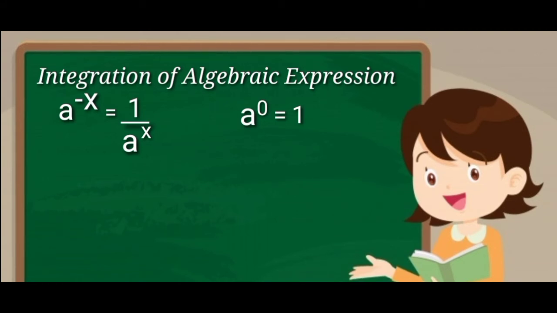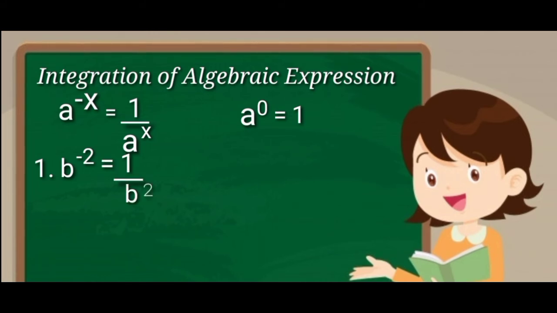For example, b raised to negative 2 has an integrated value of 1 over b raised to 2, which satisfies our first law of exponent, the law of negative exponent.